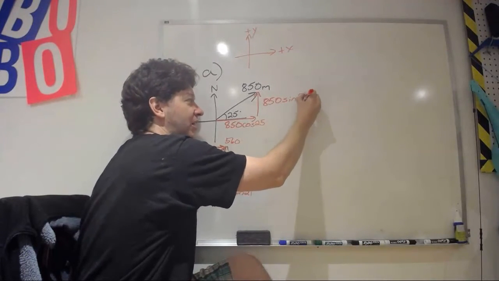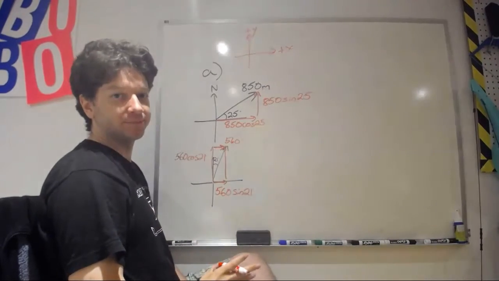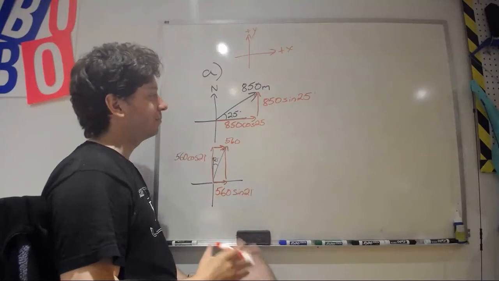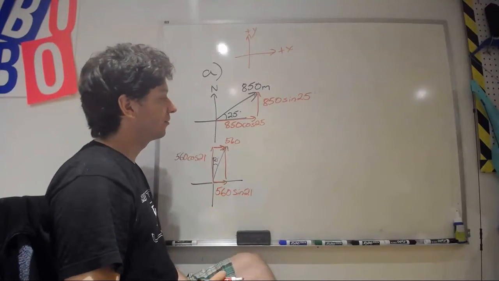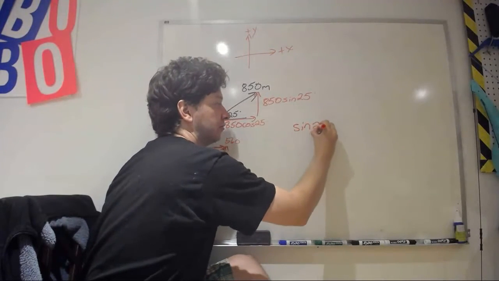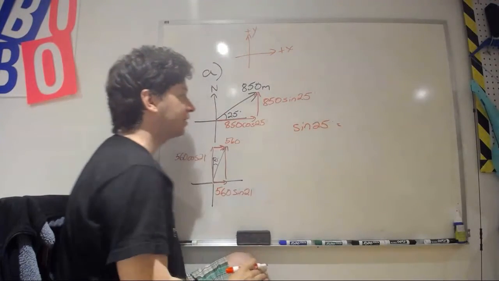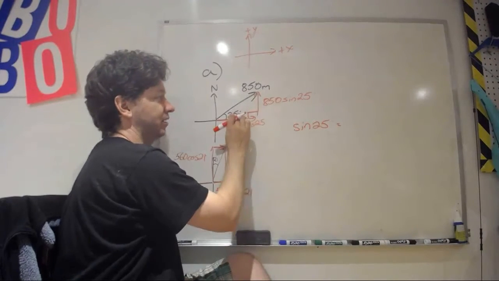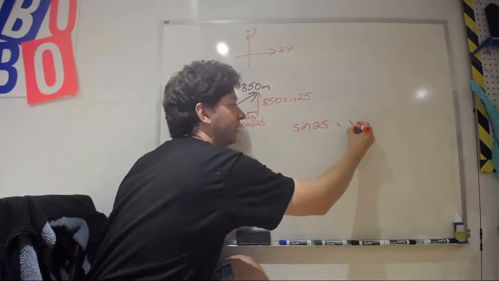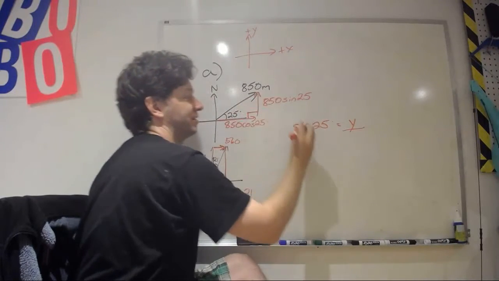If you're not sure how I'm getting those, I'm sort of skipping a step because we've done this a lot in grade 11. But just to review, I'll review this once with you. If you do the sine of 25, sine of 25 for a right angle is opposite over hypotenuse. The opposite side is our y component, and our hypotenuse is 850.